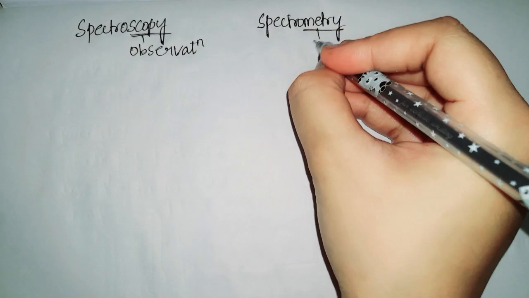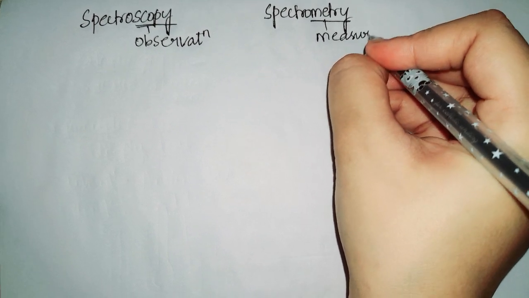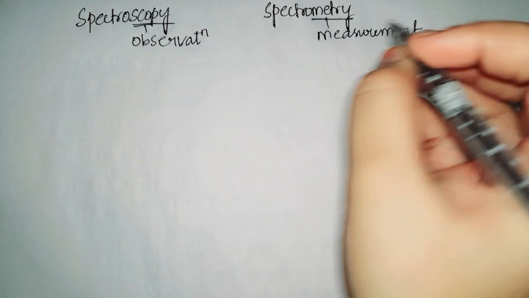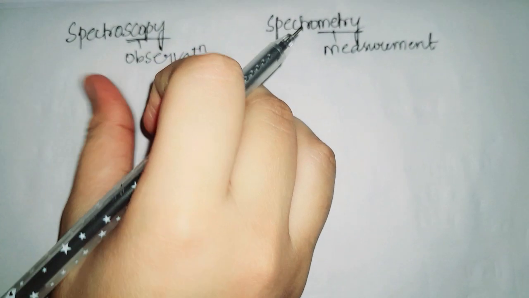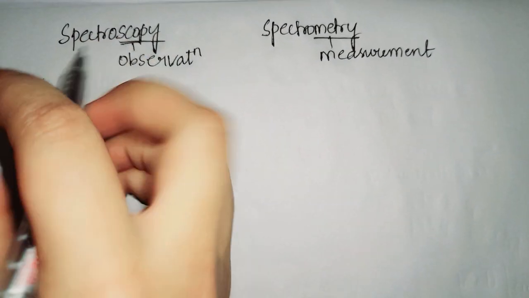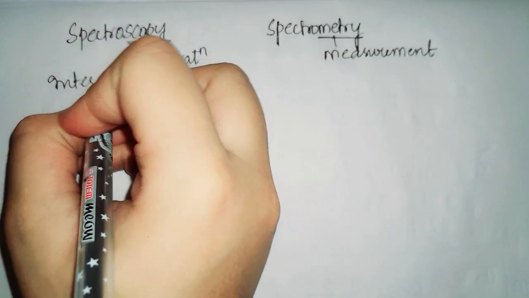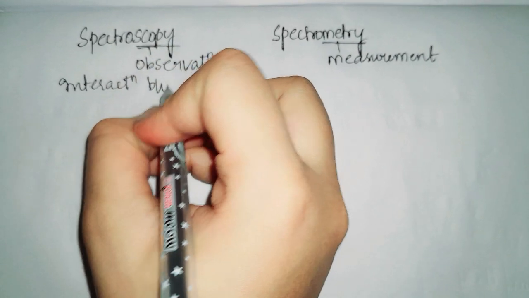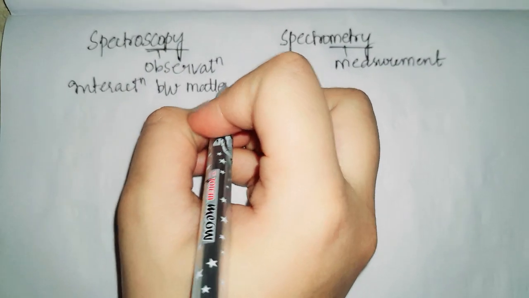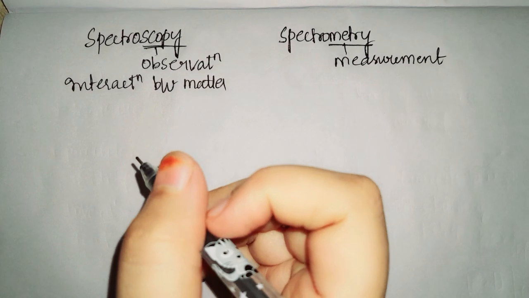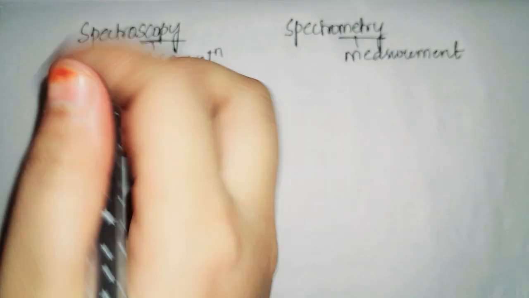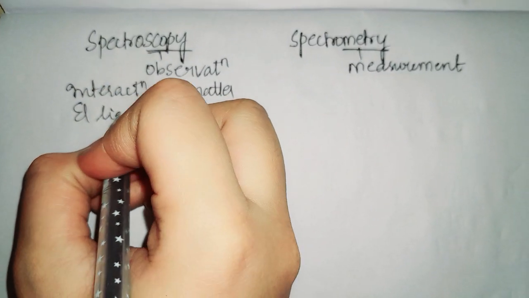Observation, here we are doing the measurement. And observation means we are seeing the interaction between matter and light, right?